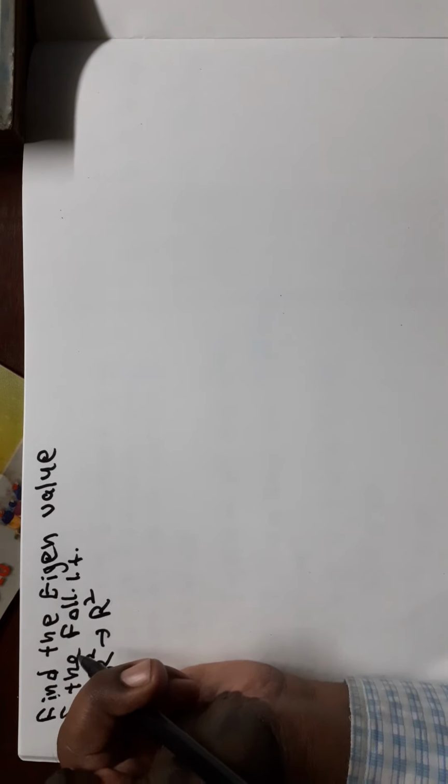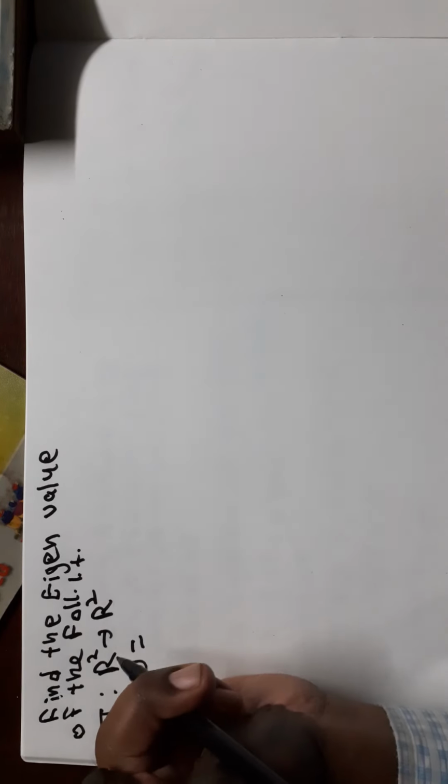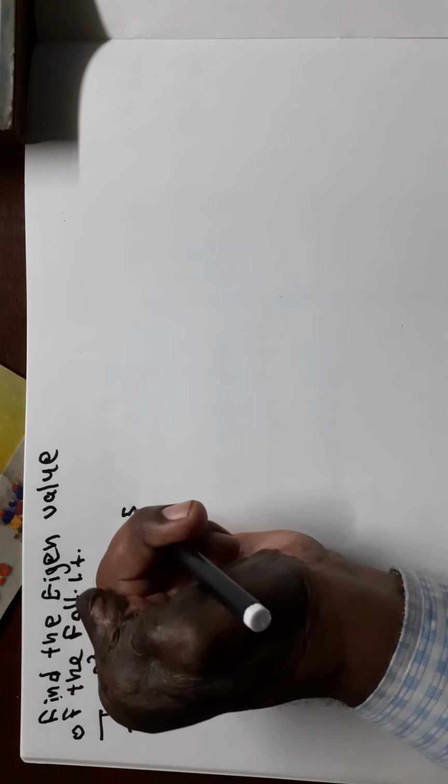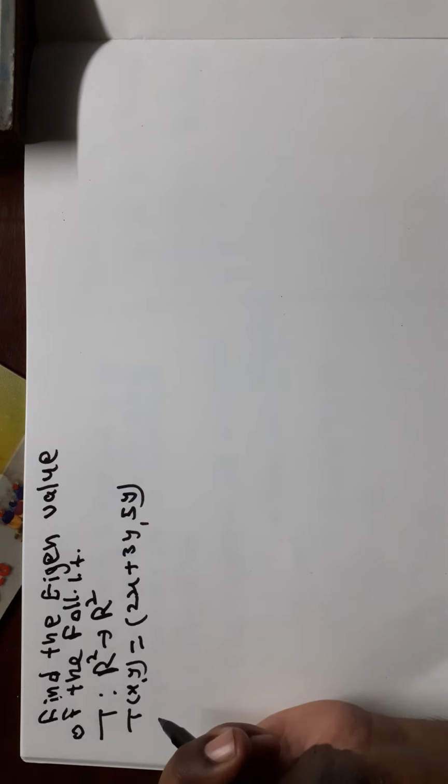Here T from R2 to R2 is defined as T of (x, y) is equal to (2x plus 3y, 5y).